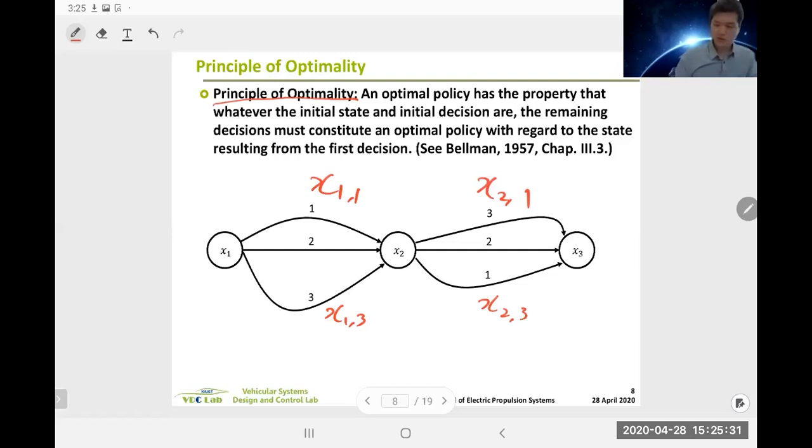Then how many combinations do we have? We have 3 here, we have 3 here. Well, we have 9 combinations, right?